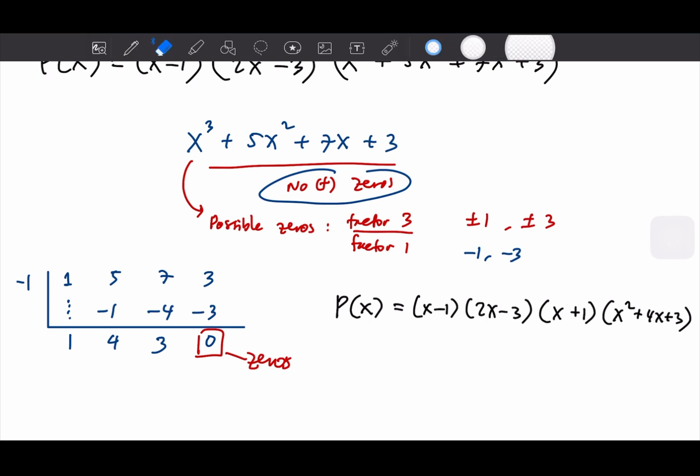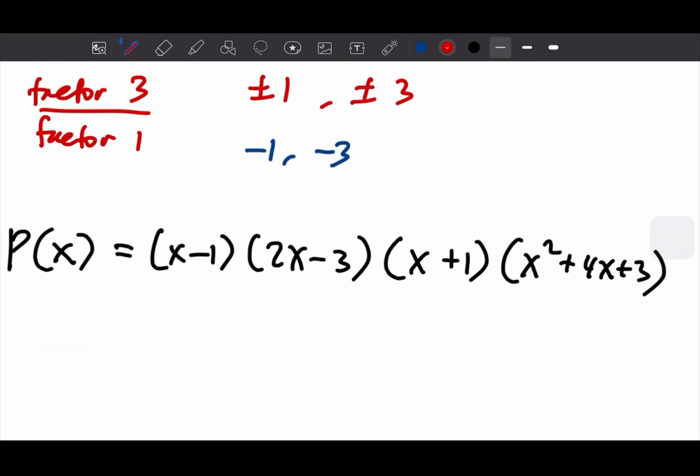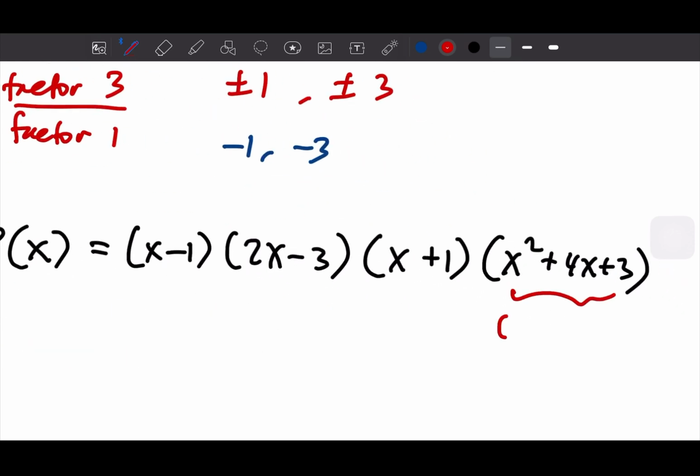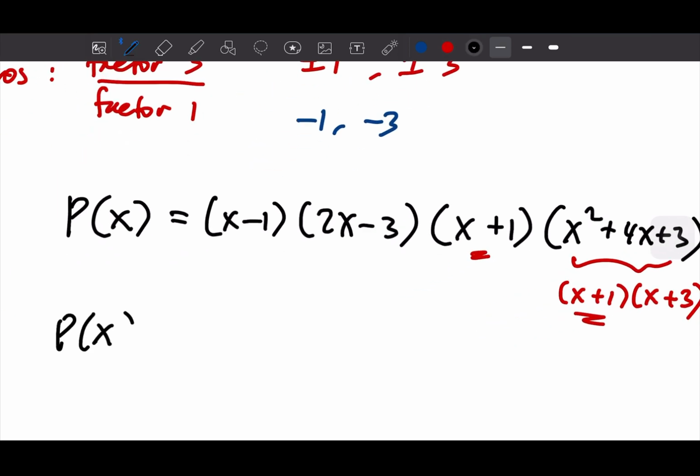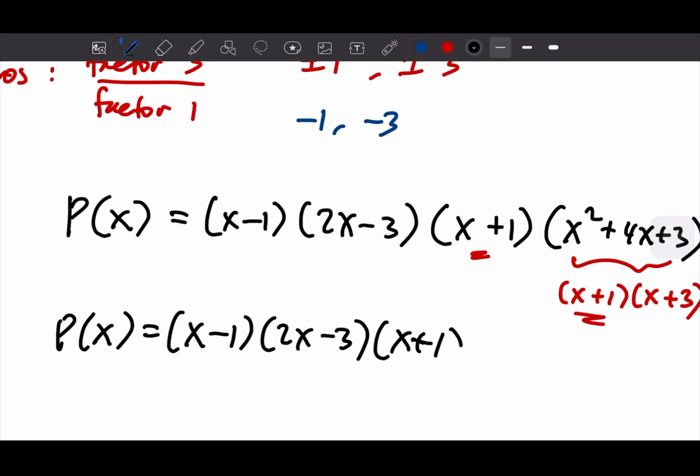And of course, this one we could factorize, right? We could factorize x plus 1, x plus 3. So x plus 1 we can take squared. So p of x is x minus 1, 2x minus 3, x plus 1 squared, and x plus 3.